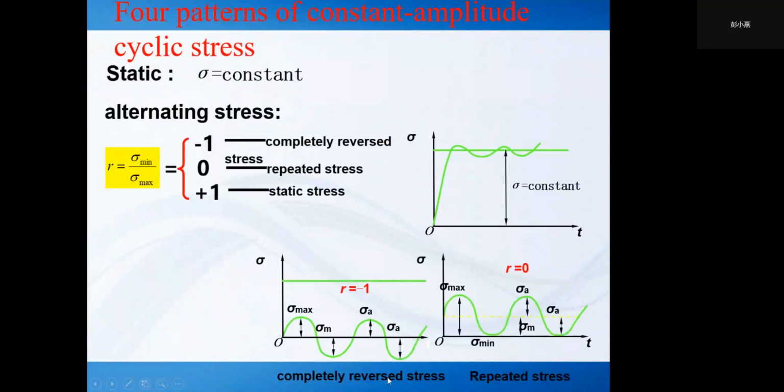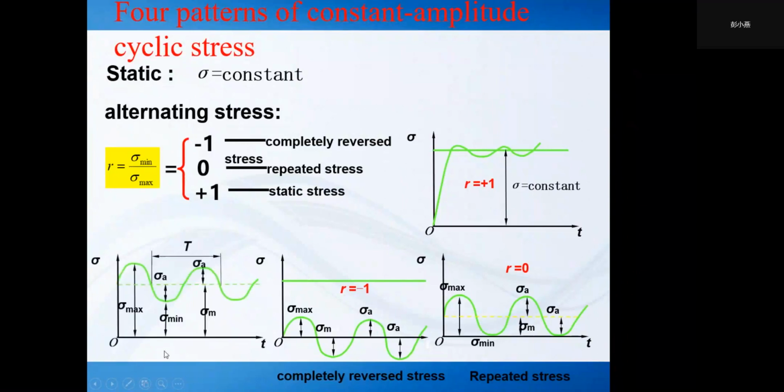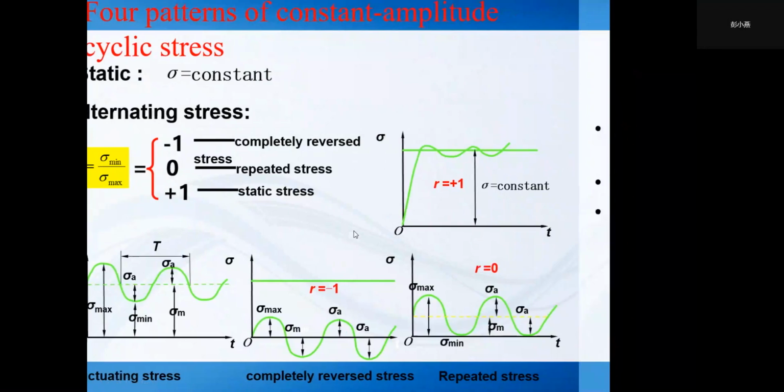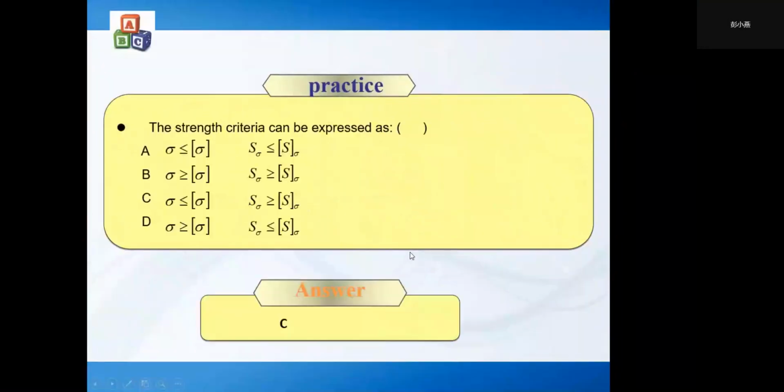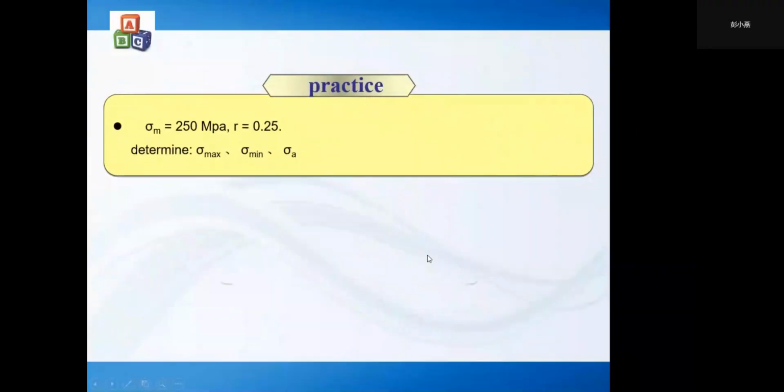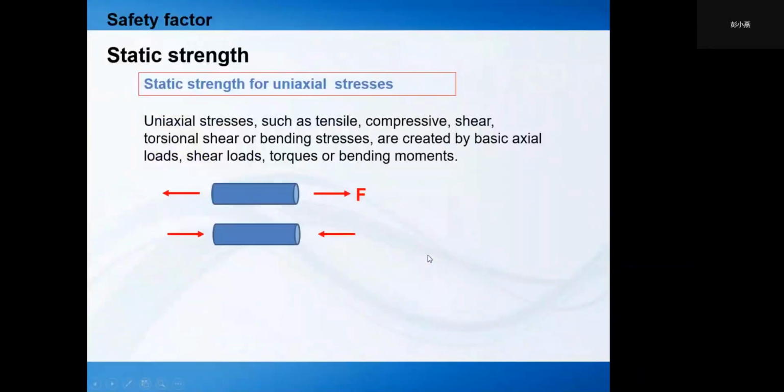The completely reversed stress, when the stress ratio is -1; the repeated stress, where R is 0; the static stress, where R is 1; and the fluctuating stress, where R is larger than -1 and less than 1. So this is the type of stress.